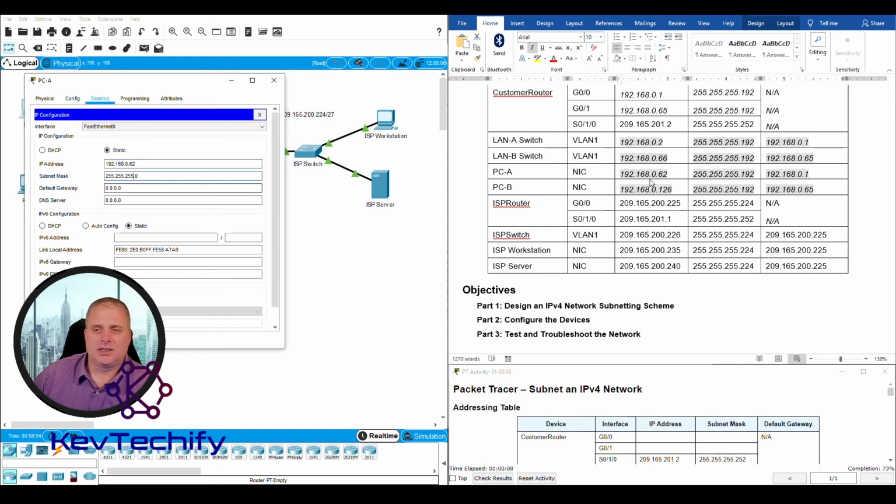Subnet mask auto-populated 255.255.255.0, but once again, our subnet mask ends in .192. I need to change that to 192, and we have to put in our default gateway 192.168.0.1. That's this field right here.